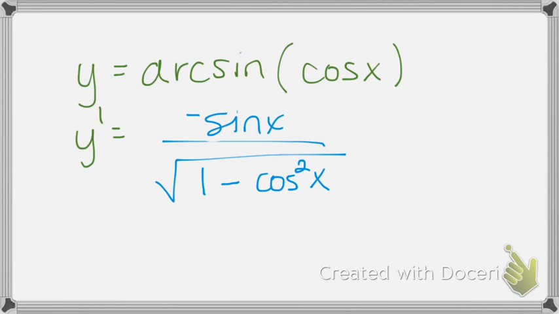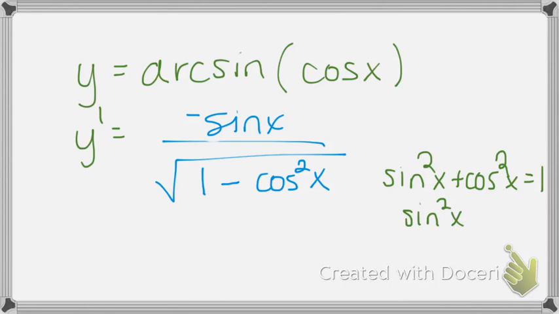Now, one more thing I want to show you very quickly, and I'll be done, I promise. This identity, sine squared x plus cosine squared x equals 1, right? Solve for sine squared x. What does that equal? One minus cosine squared x, right? Is that true?